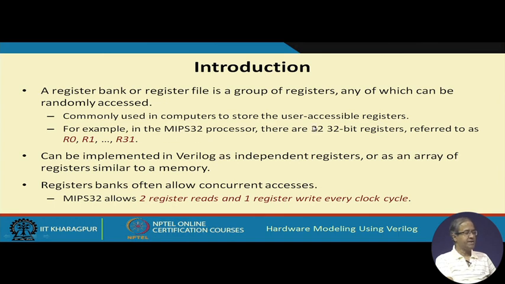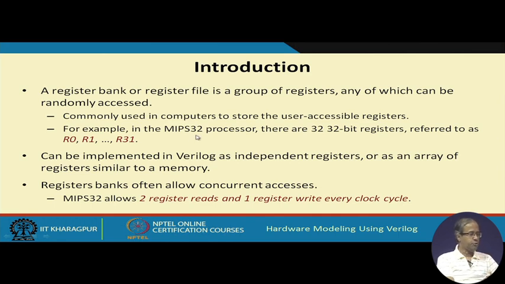Here there are 32 registers, each 32 bits in size, referred to as R0, R1 up to R31. In Verilog you can either define 32 variables and implement them as independent registers, or implement them as an array of registers, which will be very similar to modeling memory.